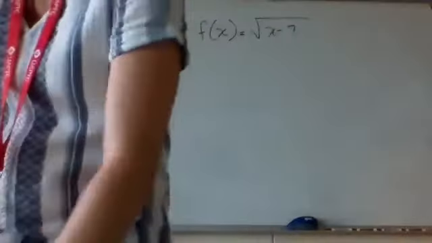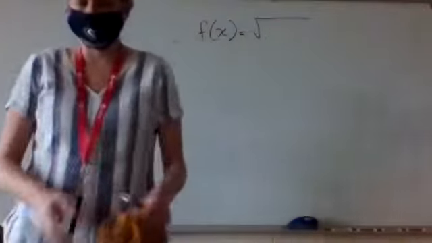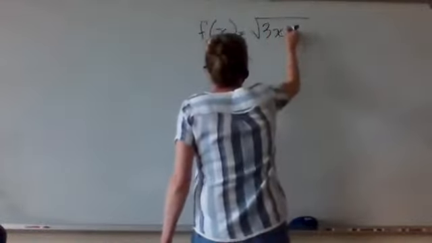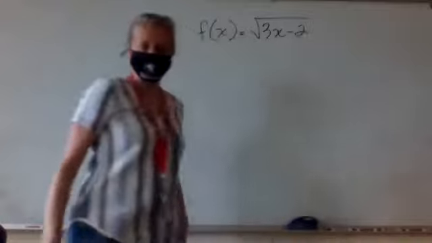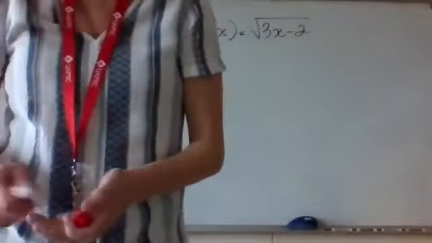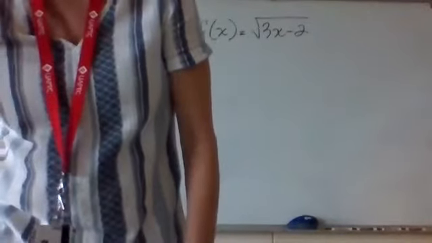All right, we're going to do the same thing on 18. It's another graph. This time we're graphing the square root of 3x minus 2. So I'll just put that one in my y equals.